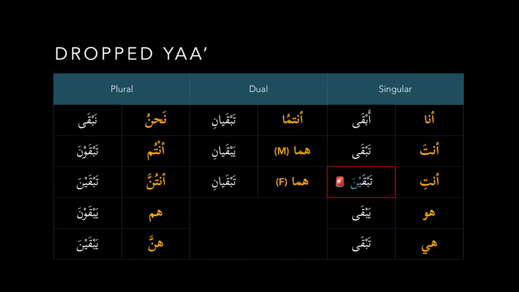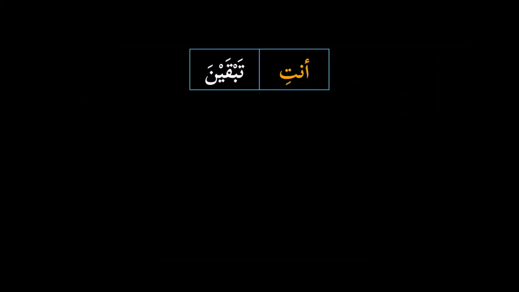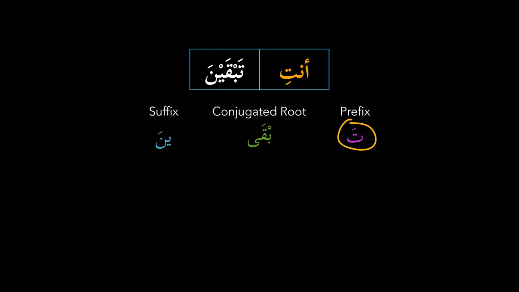The next anomaly is enti tabqaina. Let's take a close look at what's going on here. If we were to break it down with our new conjugated root, which we just derived, and we have the ta maftuha for the enti conjugation in the present tense and the ina suffix, we would end up with something like enti tabqayina.